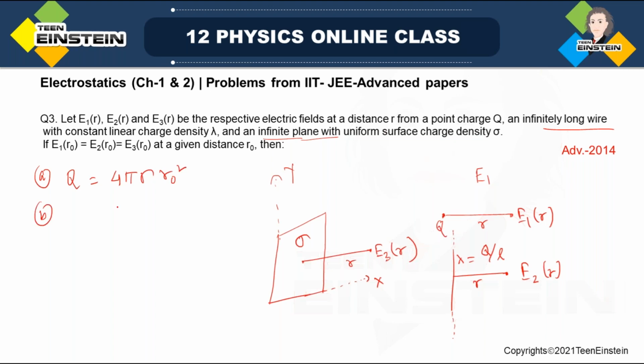Second option says R0 is equal to lambda by 2 pi sigma.